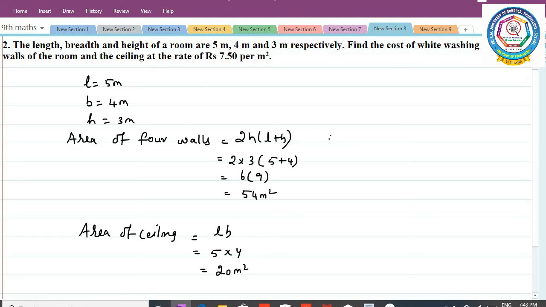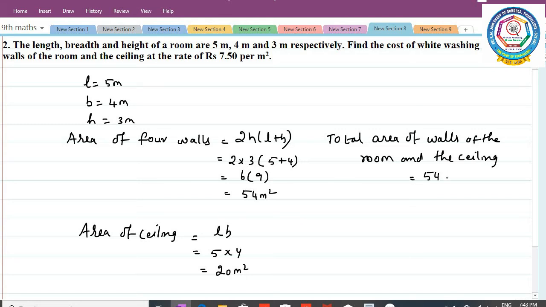So we have to find out total area of the walls of the room and the ceiling equal to 54 plus 20 equal to 74 meters square.